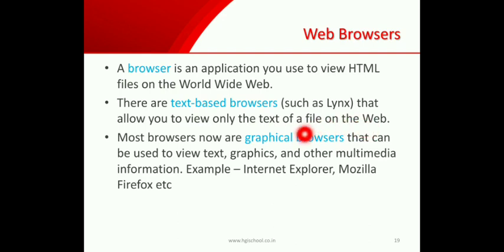Another one is graphical browsers, where we can see text, graphics and multimedia information. Examples of graphical web browsers are Internet Explorer, Mozilla Firefox, Safari, Opera Mini, etc., that we are using in our daily life.